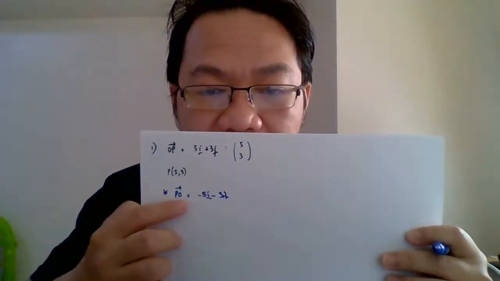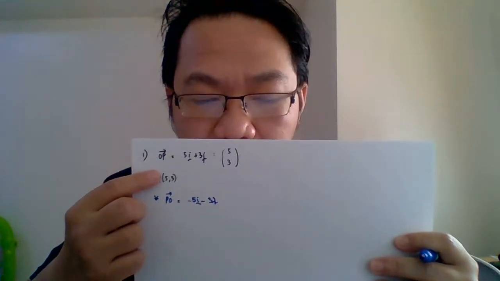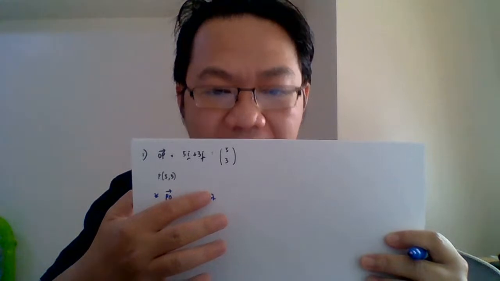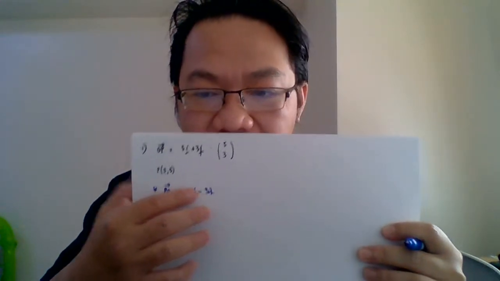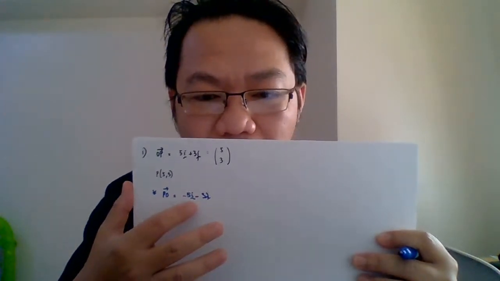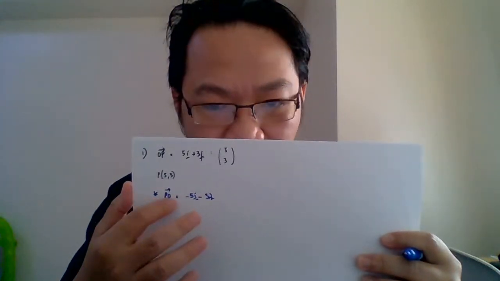The PO will become like this. It will become negative 5i plus negative 3j, and plus and negative means if we simplify, it becomes minus. So this is what I mean by vector PO.